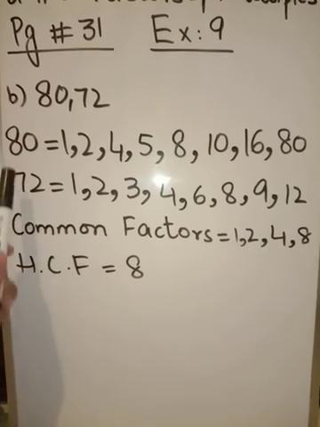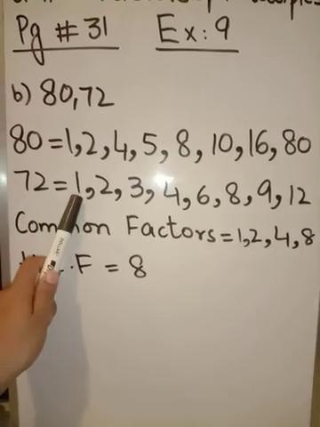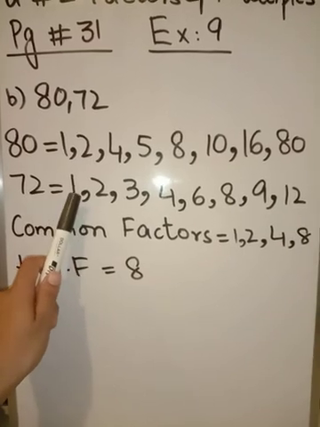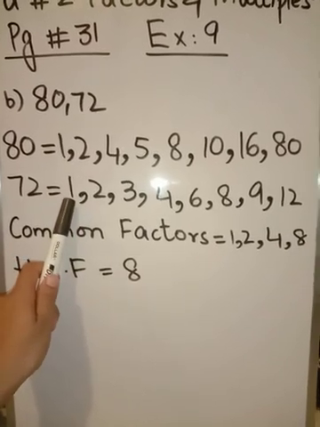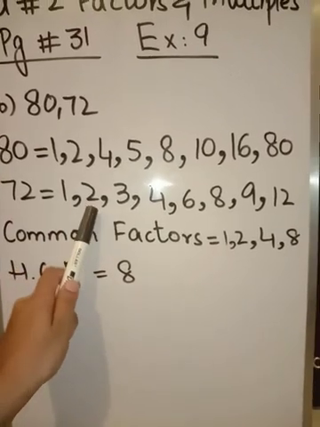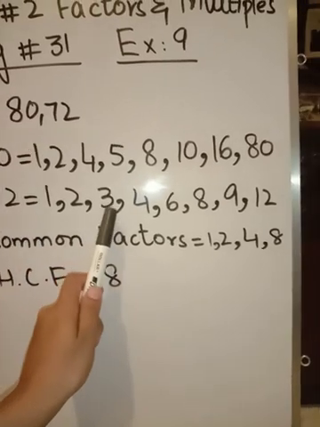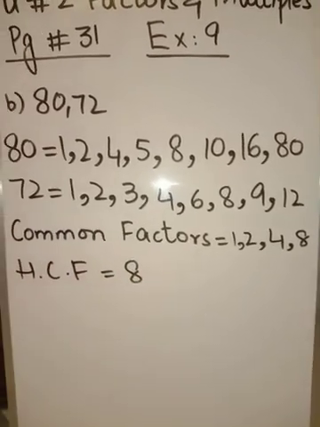Understand? Now moving towards 72, you have to check the divisibility of 72 starting from 1. 1 times 72 is 72, 2 times 36 is 72, 3 times 24 is 72. Understand? You have to move on like this.